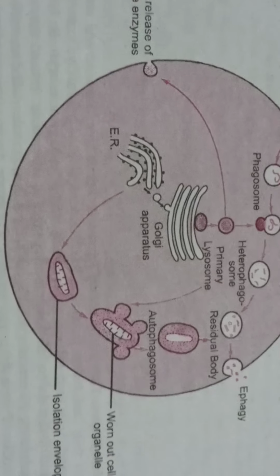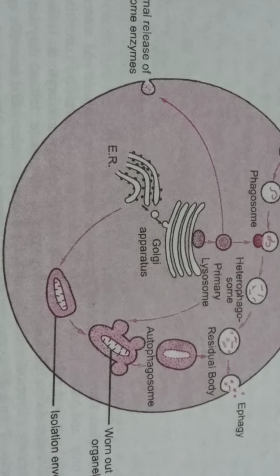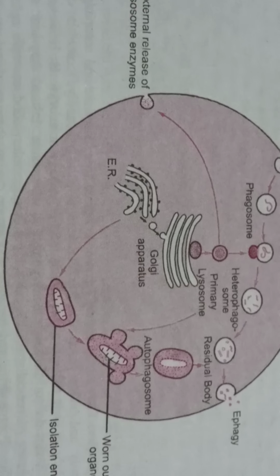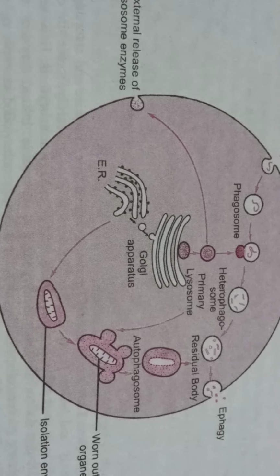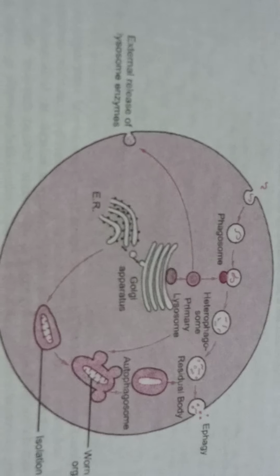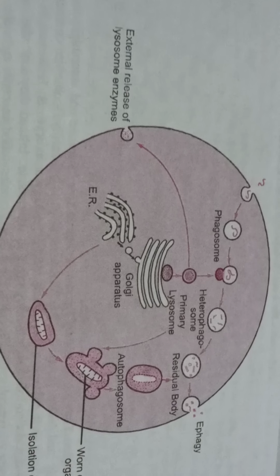Now these are small vesicles bounded by a single membrane, and they have lots and lots of enzymes. These enzymes help them to digest the different substances within a cell.